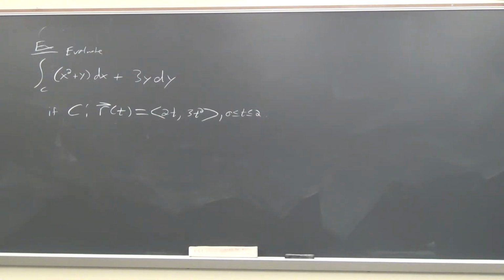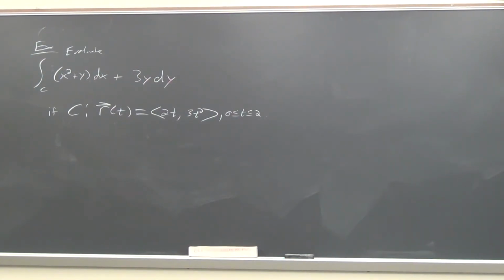You could revert back to where we started, say the function f is the vector field x squared plus y comma 3y, and then do the problem the way we just did. But I would say your better bet here is to plug in the x as 2t, your y as 3t squared, and then dx and dy to be the derivatives of those components respectively.